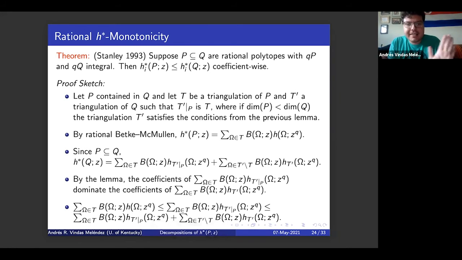Okay, and that is essentially Stanley's monotonicity result, really just coming down to dealing with the triangulations. And so I really hope that I convey that this is more discrete geometrical than Richard Stanley's original algebraic proof.